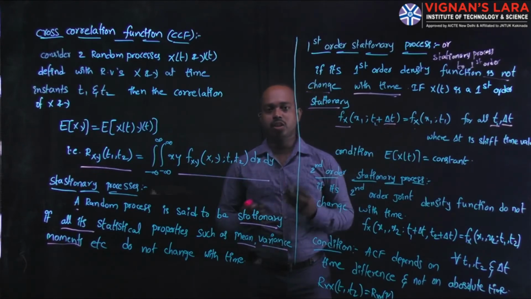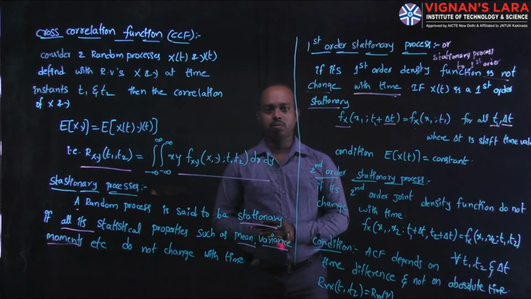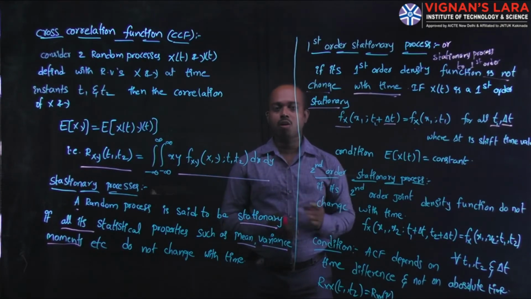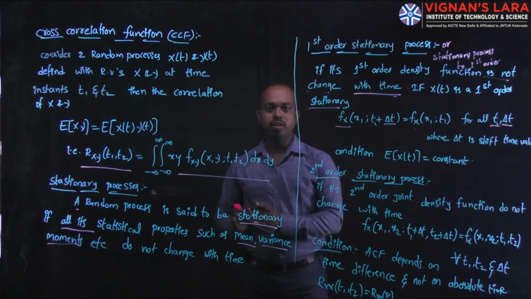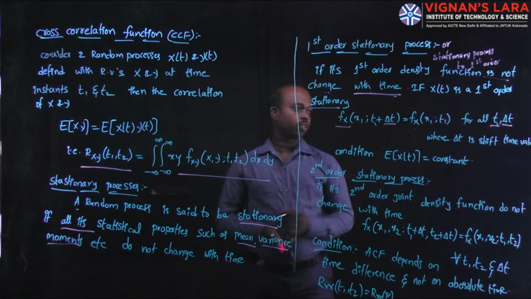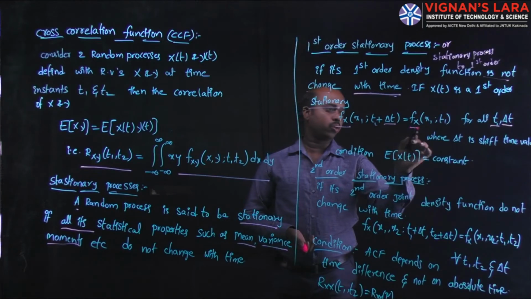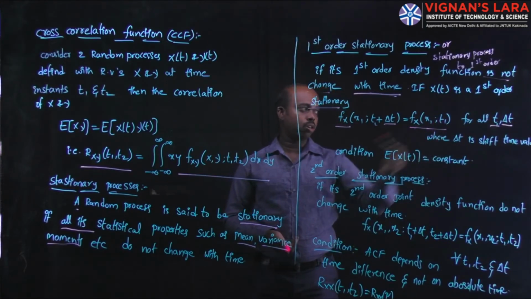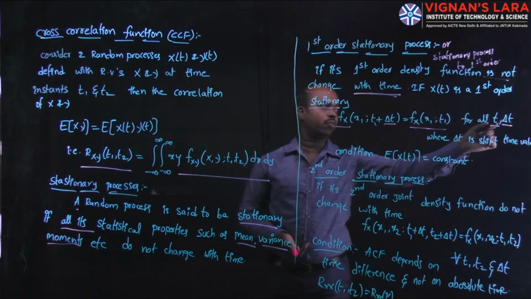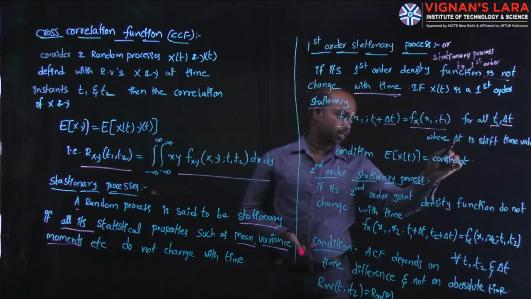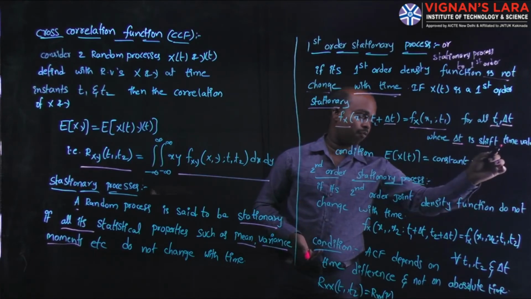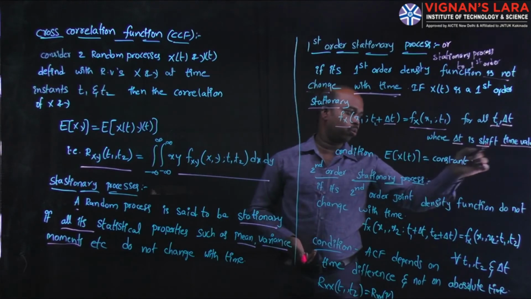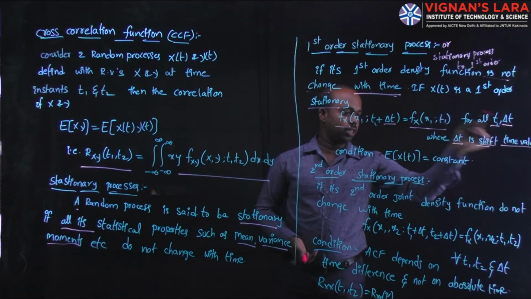The density function is not changed by the shift, so you can call it a first order stationary random process. Here delta t is the shift time value.